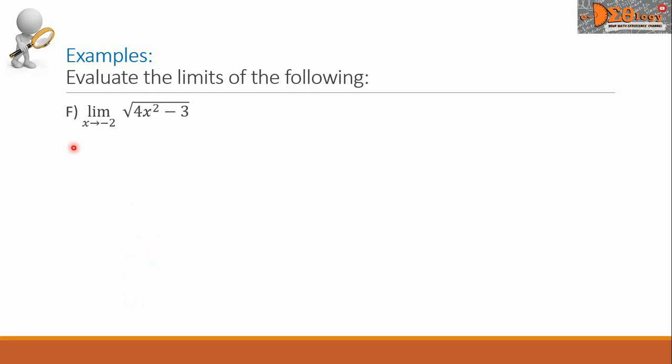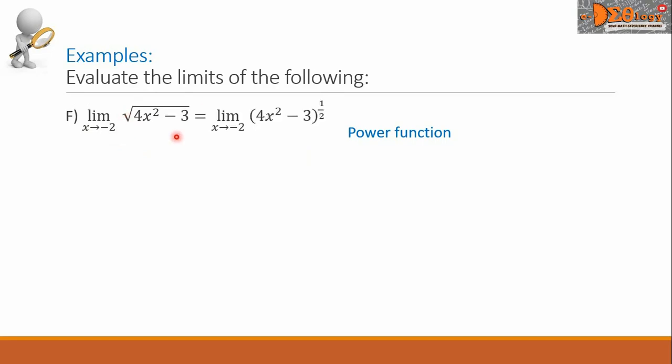Example F. The limit of the function the square root of the quantity 4x squared minus 3 as x approaches negative 2. This is an example of a power function. As you can see, the radical here can be expressed as a fractional exponent.